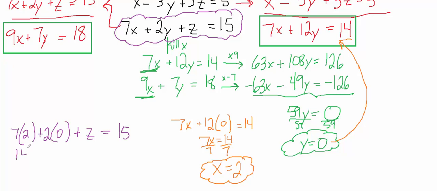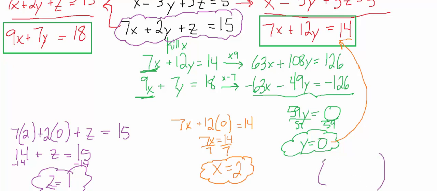So we get 14 plus 0 plus z equals 15. And when we minus 14 over, we get z equals 1. And that's it. Our final answer we're going to write as a point in 3-space. That gets us 2, 0, 1. And that's how we kill the beast.